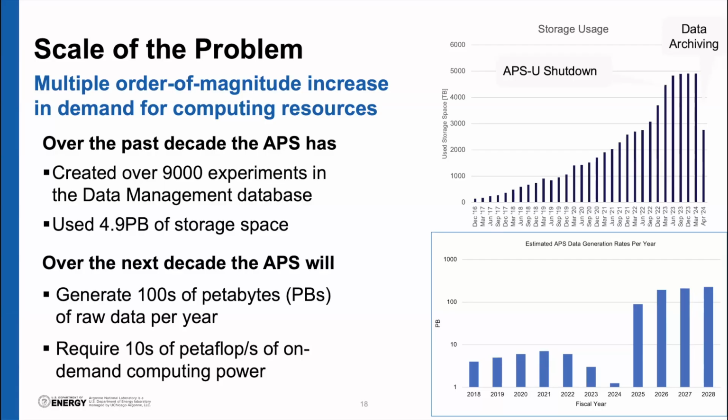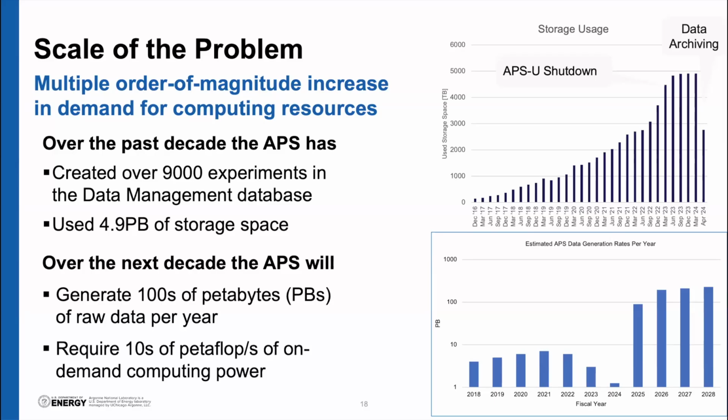And this will also require compute to process it. It will require tens of petaflops of on-demand computing power to be able to make sense of this data and do something meaningful with it. So that is really where the ALCF steps in and becomes a really critical resource for us at the Advanced Photon Source.